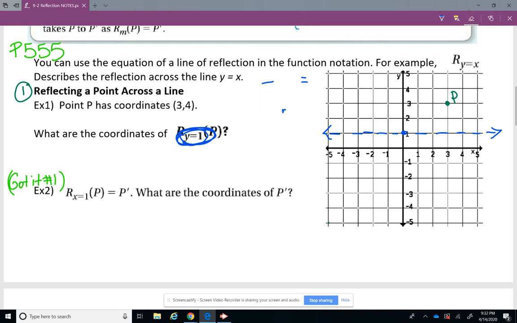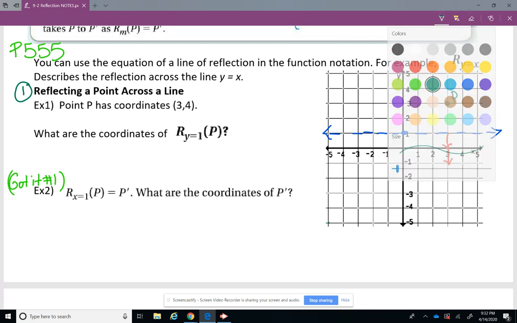All right, now this is really easy. All you do, I'll do this in red, is you count. How far is P from that line? It's 1, 2 units, 2 steps. All right? Then what you're going to do is you're going to go to the line, and you're going to be opposite of that P, and you're going to go 1, 2 steps down.